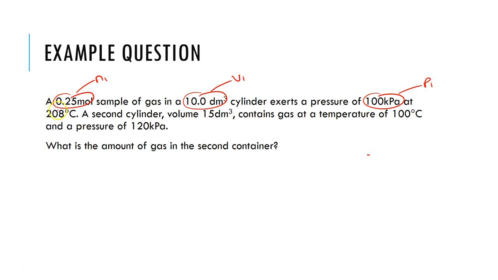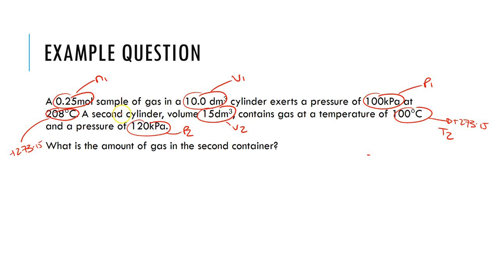I have a temperature of 208 degrees C, which I'm going to add 273.15 to, to get to Kelvin. The second cylinder, so I have V2, contains gas at 100 degrees C, so again I'm going to add 273.15 before I substitute it into my equation, and that's going to be T2, and then a pressure of 120 kilopascals. I check my units, they match, so this can just go into P2.